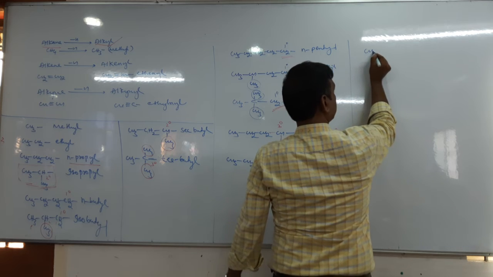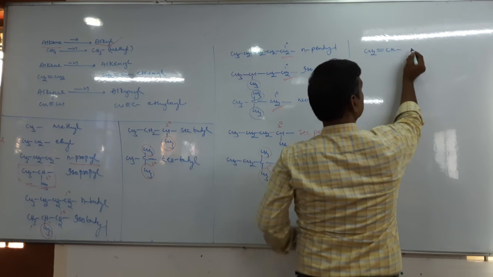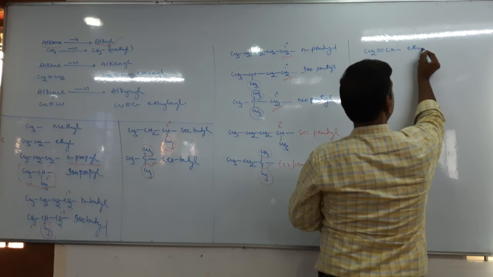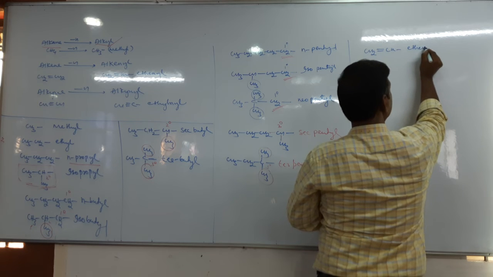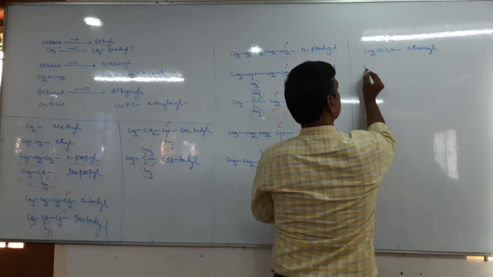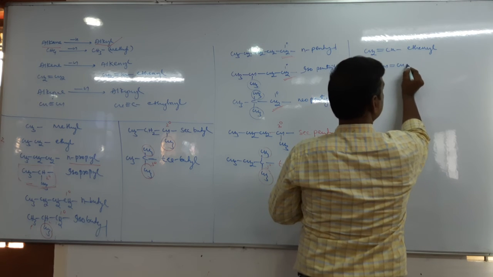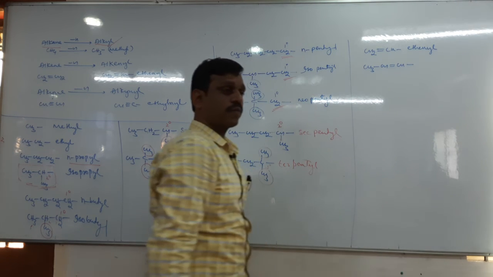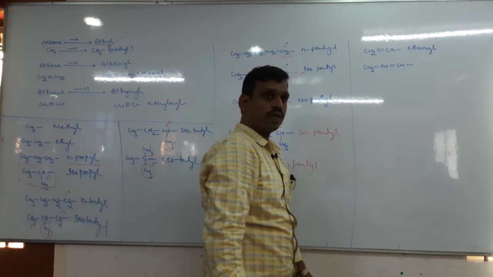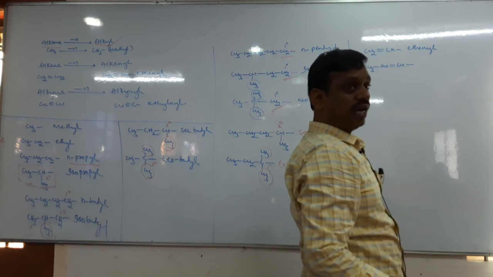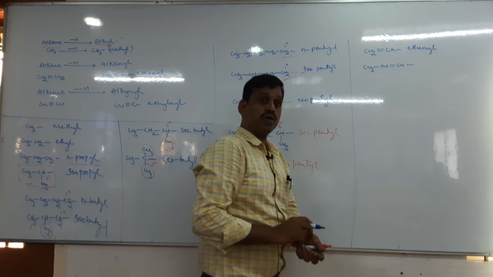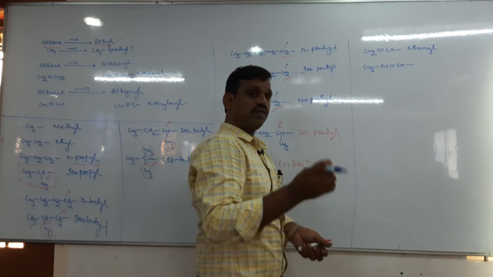It is CH2 double bond CH. Yeah, ethene, ethenyl. CH3, CH double bond CH. Tell me, what is this? Propene, propenyl. Okay, but when there are three or more carbons, we should give numbering.